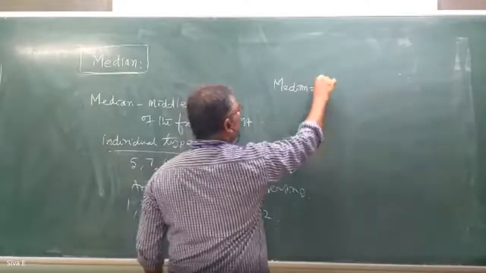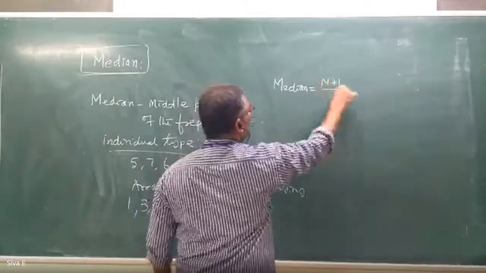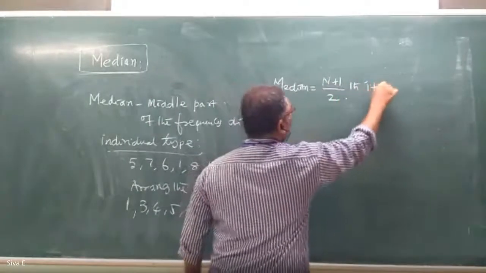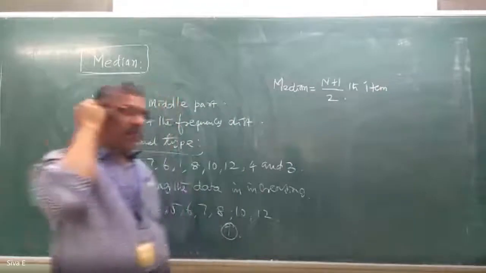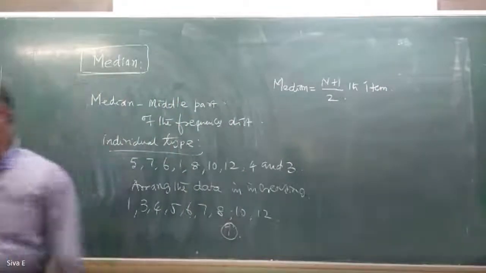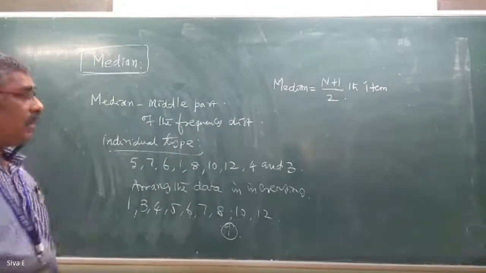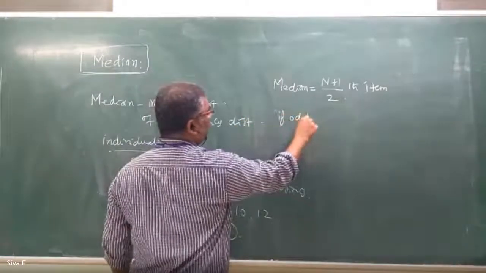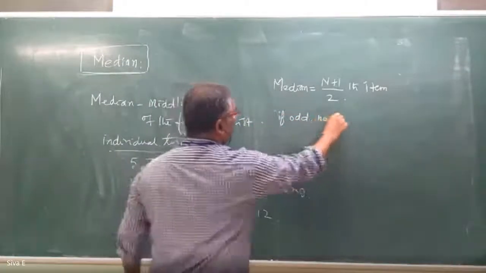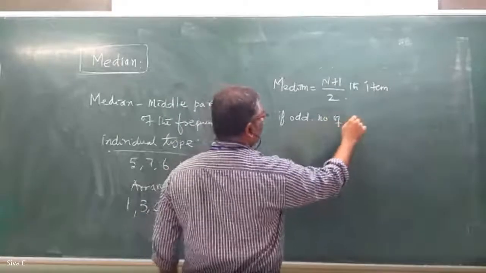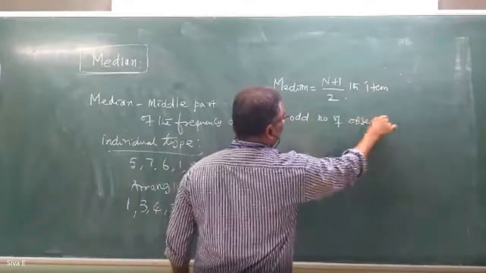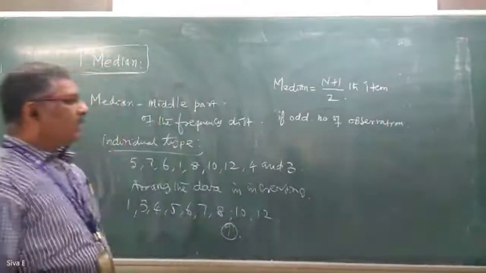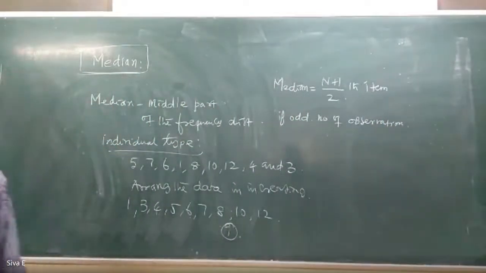In that 9 data, there is a very simple formula to find the median. The formula is (n plus 1) by 2th item. There are two cases in finding the median for the individual type data.